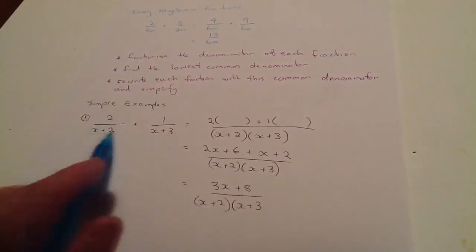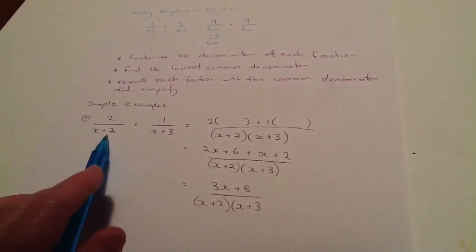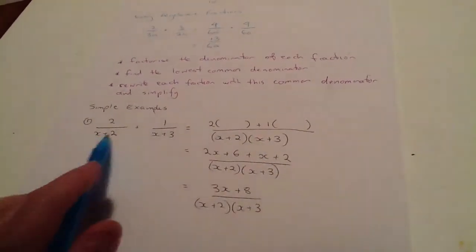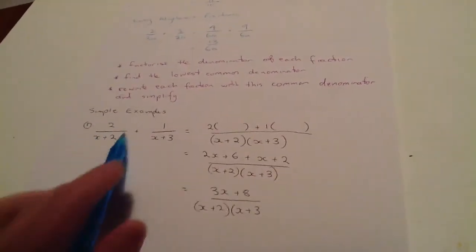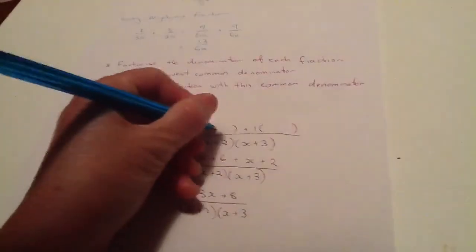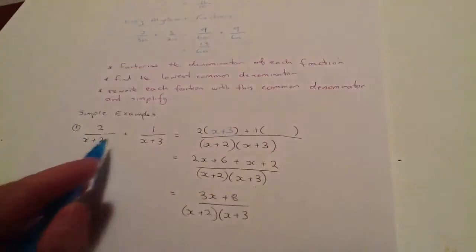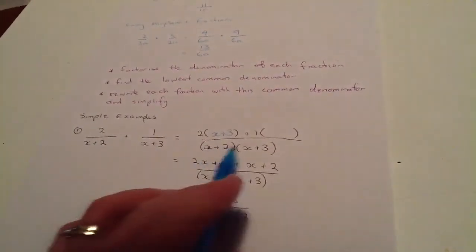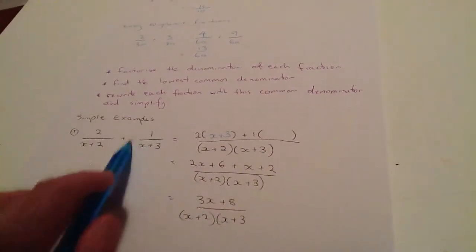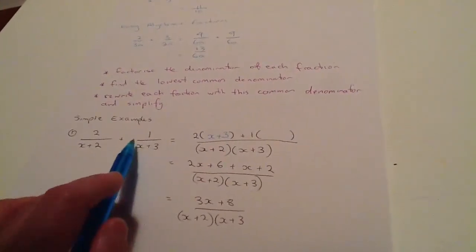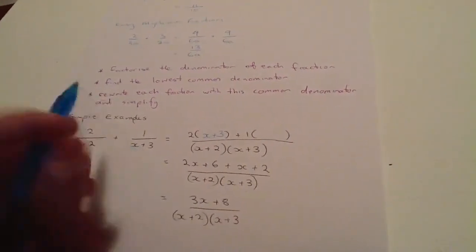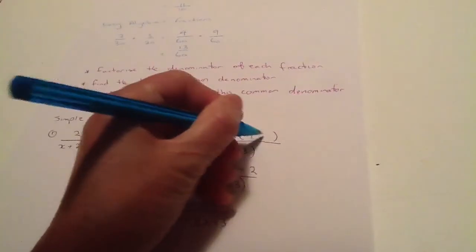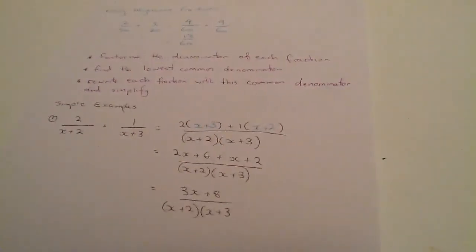So this one here, what it's missing on the denominator is the x plus 3. So I need to multiply this whole fraction by x plus 3. Okay, so we end up with x plus 2, x plus 3 on the bottom. And this fraction here, what don't we have? We don't have the x plus 2 on the bottom, so we need to multiply by x plus 2.